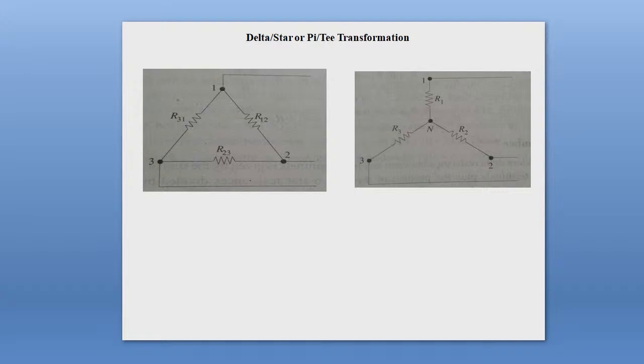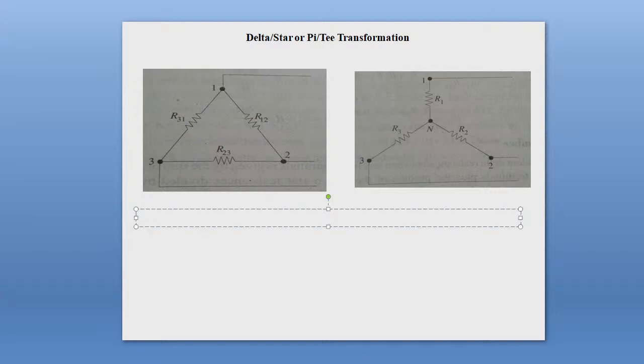One path is R12 and another path is the combination of resistance R31 and R23.